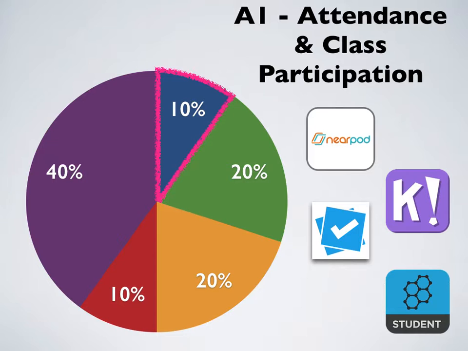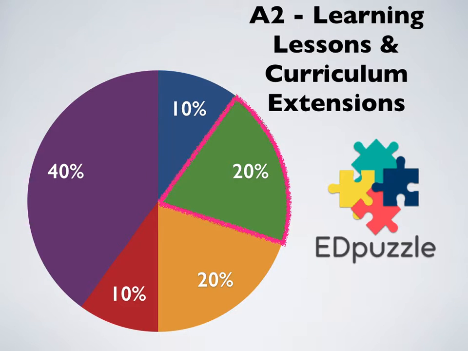When we have group work sessions, you will earn points for your participation based on good faith effort. This means you will be expected to really try on these assignments in order to get credit for completing them. I will enter combined A1 grades 4 times this semester at approximately every 4 weeks. Learning lessons and out-of-class curriculum extensions make up approximately 20% of your grade.